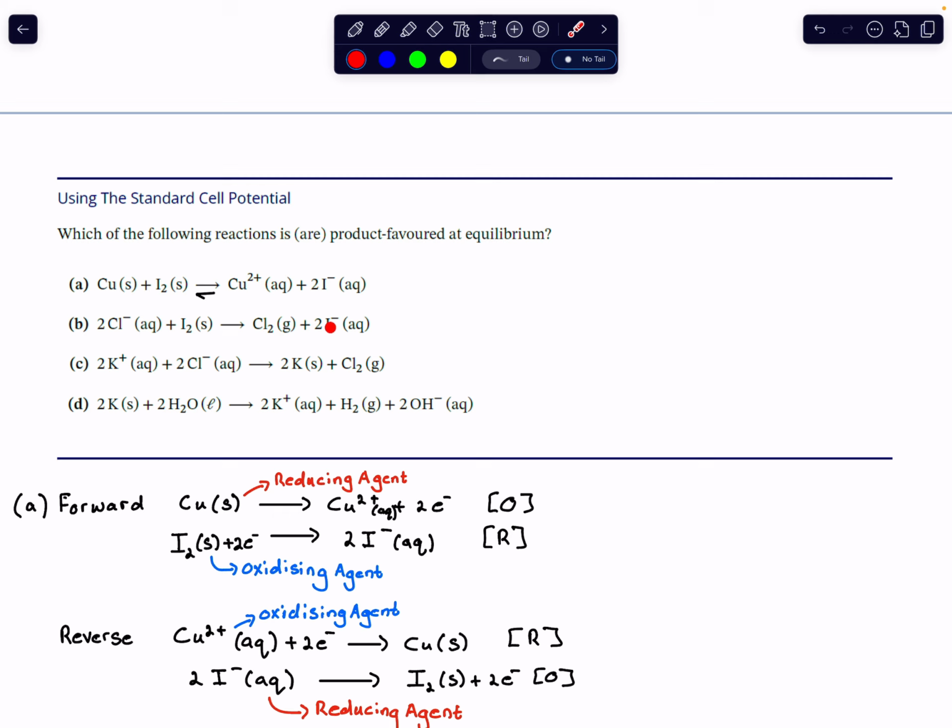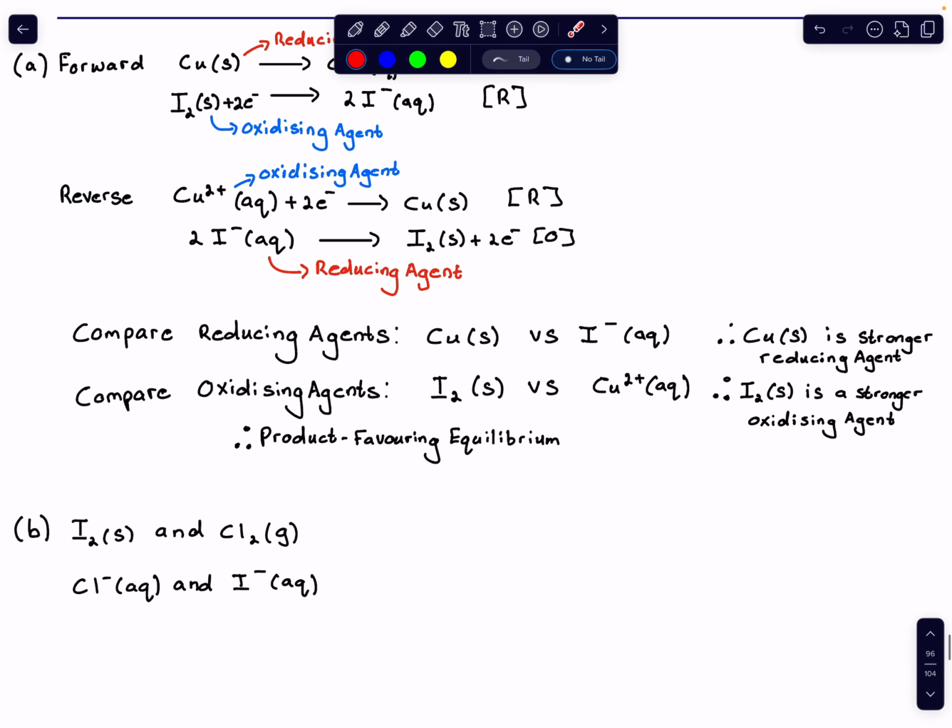To undergo that, it must undergo reduction. So it undergoes reduction in the forward process. It needs to undergo oxidation in the reverse process, right? So if it's undergoing reduction, the chlorine must undergo the oxidation in the forward process. So that's why we compare these species as that.